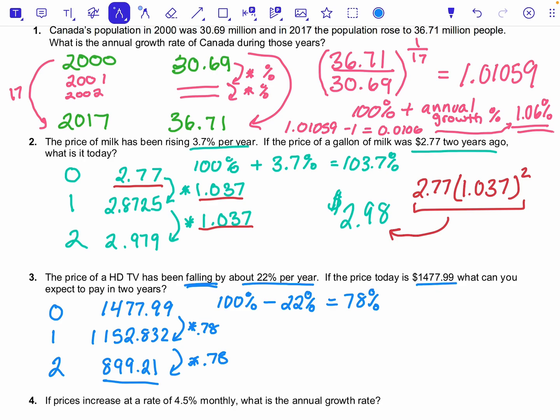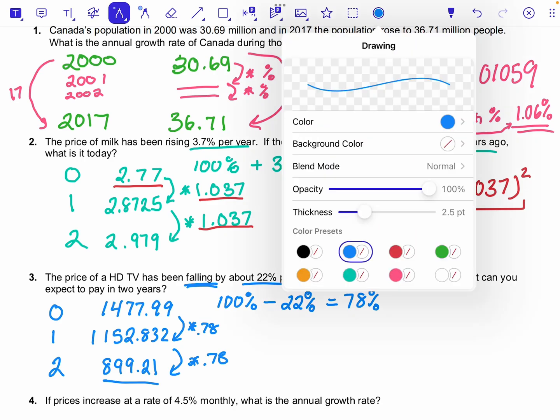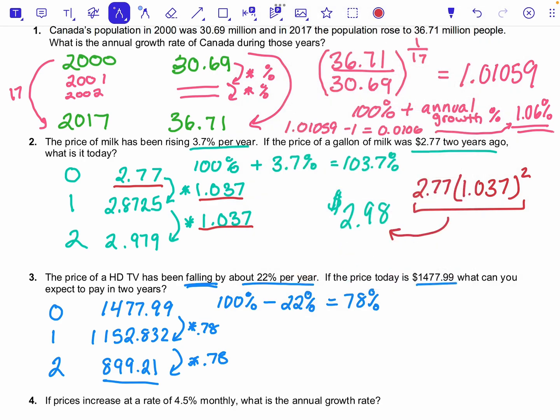And again, just like the previous problem, if we think about that in terms of trying to condense it, we multiplied by the same 0.78 twice, and we had that initial value, and then our output was that $899.21.